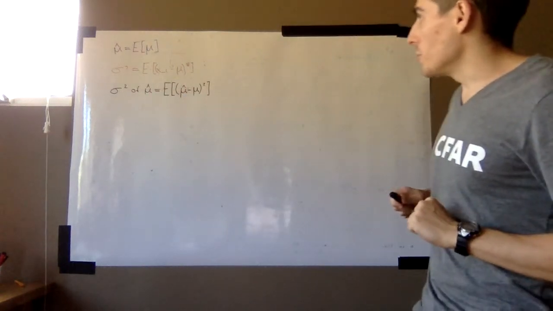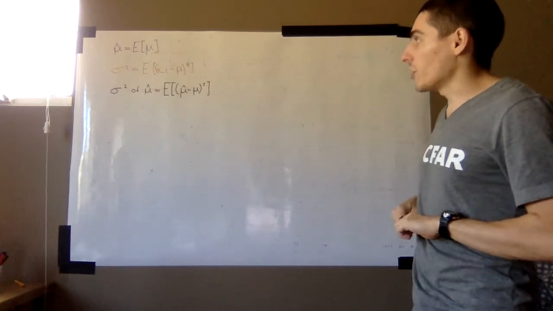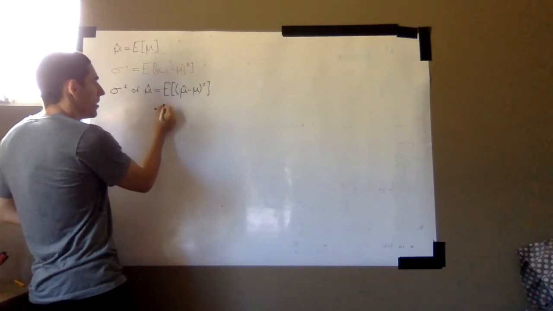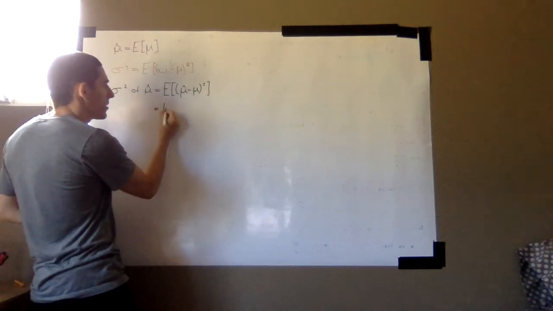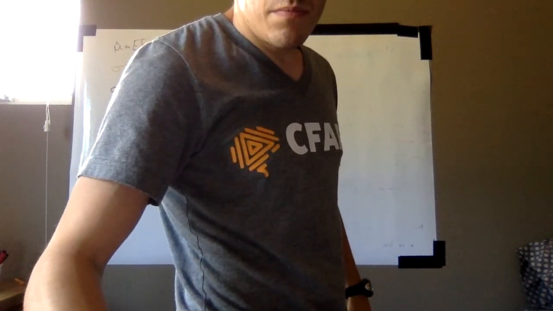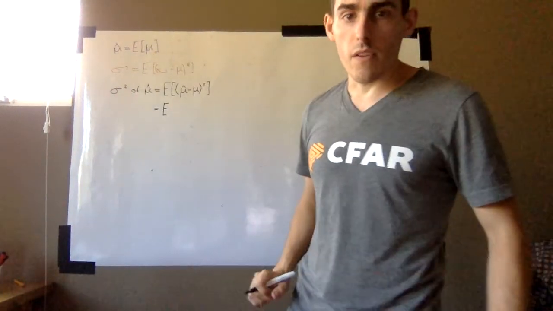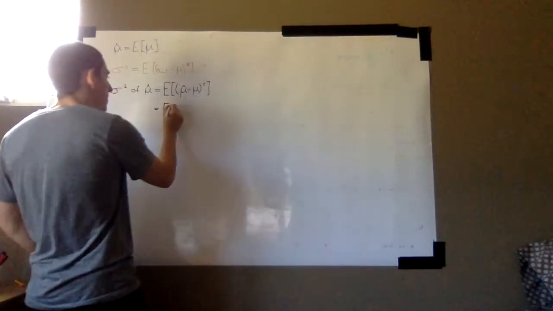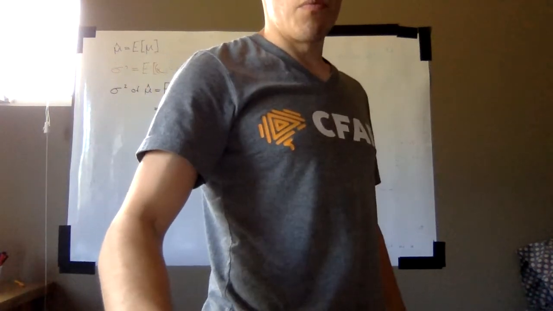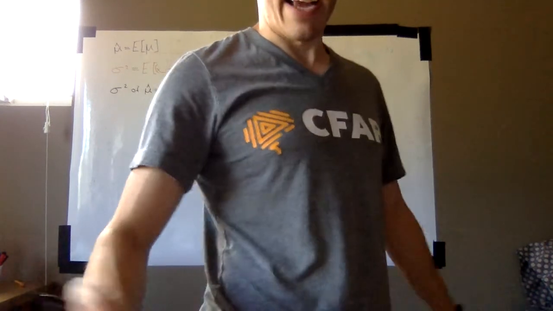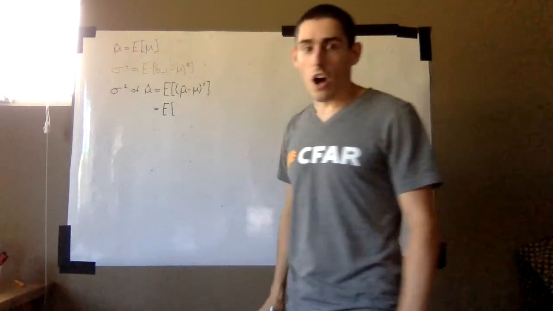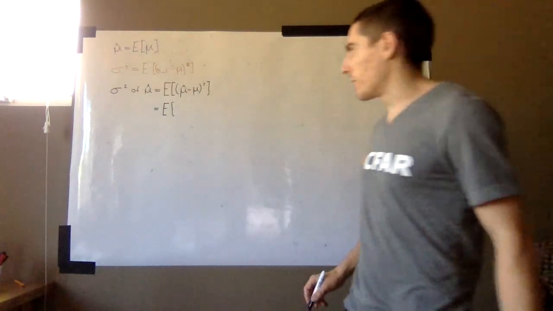And the thing that we want to do here is to start, we're just going to substitute in for mu hat the value of mu hat, which we have defined. This is the definition of mu hat, equal to the average of some set of data points.